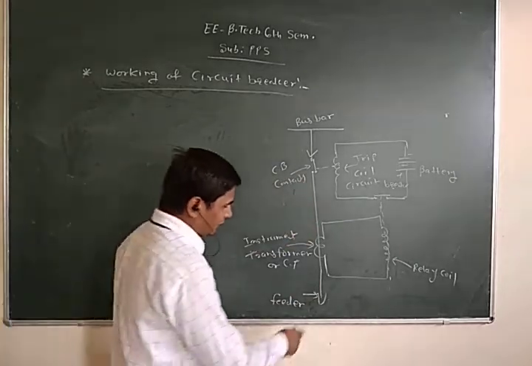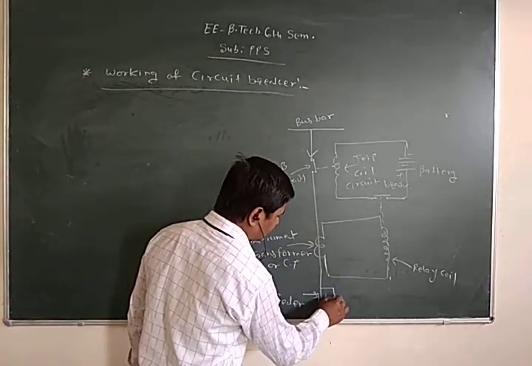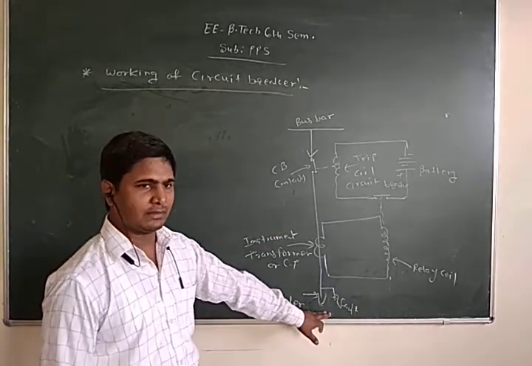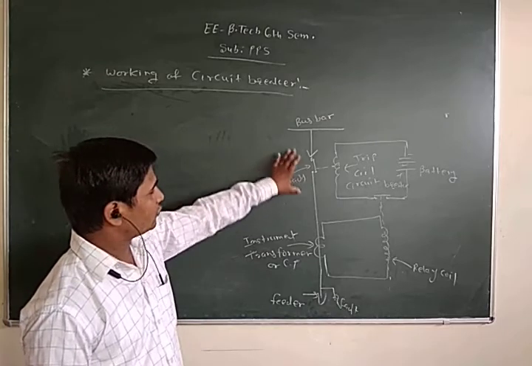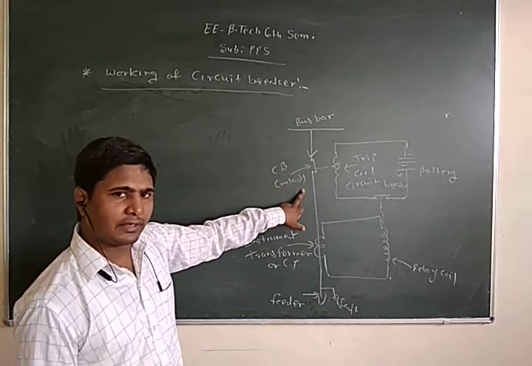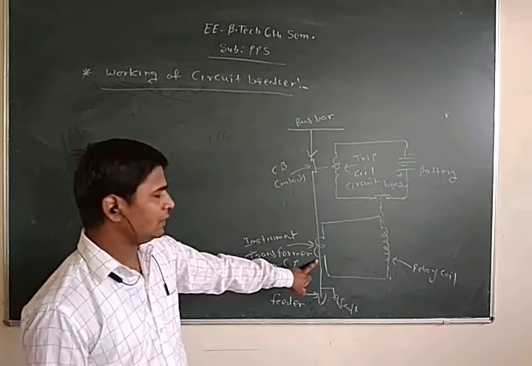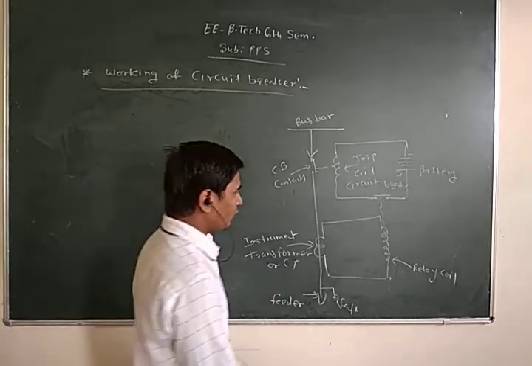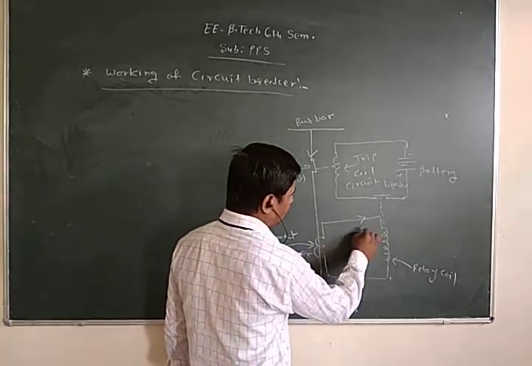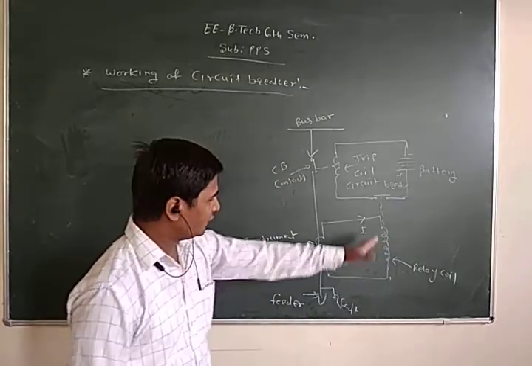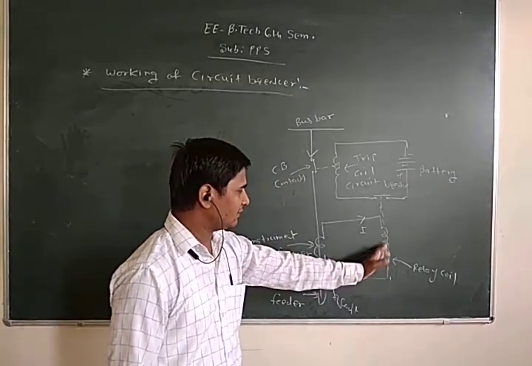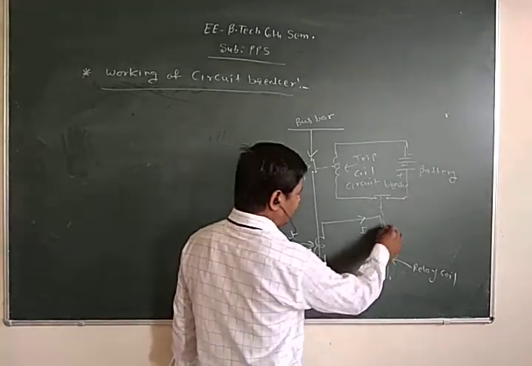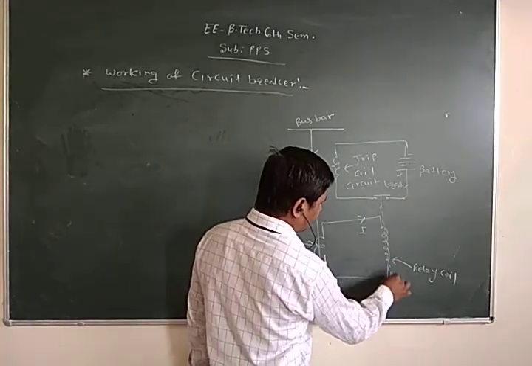But if any fault occurs in the feeder, the current in the feeder increases, due to which the EMF induced in the CT also increases and the current flowing in the relay coil also increases, due to which the magnetizing flux in the relay coil increases.